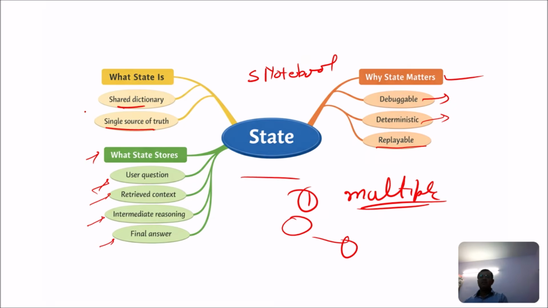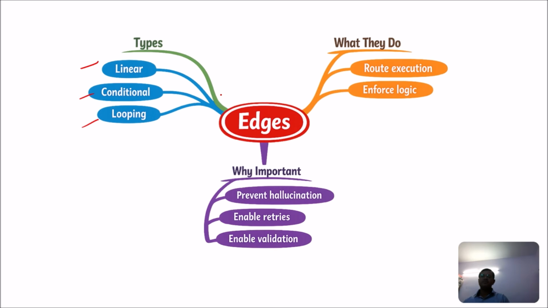So both are possible here. And why is it important? Because it prevents hallucinations, enables rewrites and enables validations. So through the edges you can design anything. What they do is route the execution and enforce the logic, so anything that is written in the shared notebook.